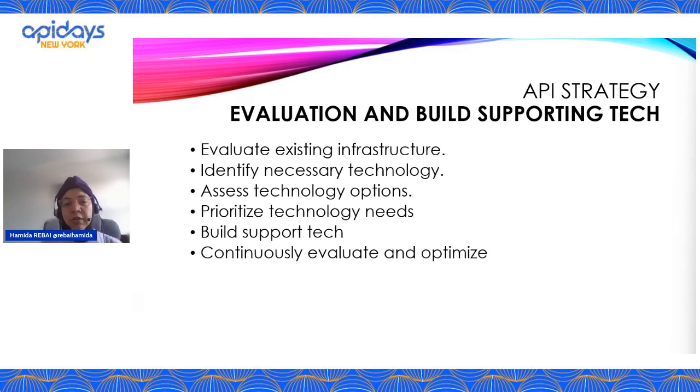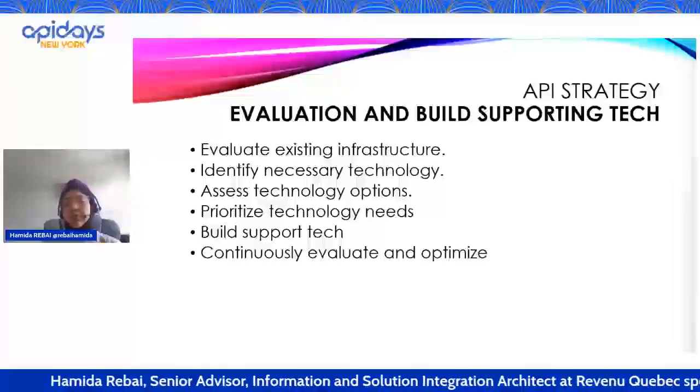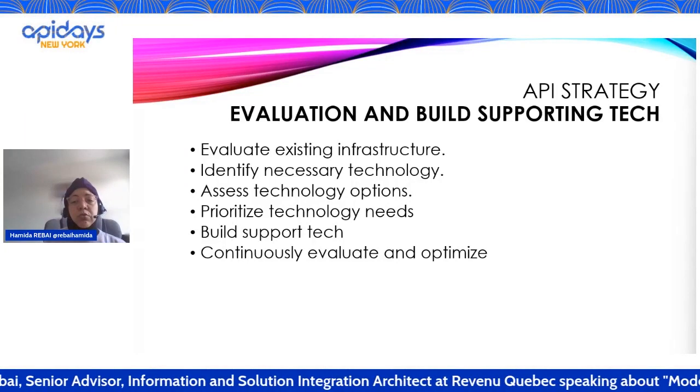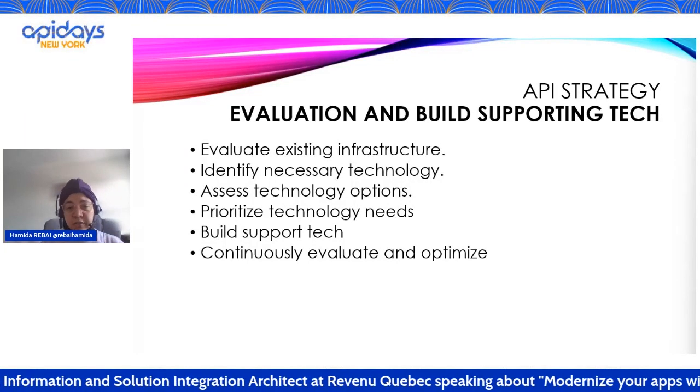This may include evaluating different API management platforms, programming languages, and frameworks. And we need to prioritize different technology needs for your API. And in the end, we need to build support tech by identifying the necessary technology and evaluating the different options.